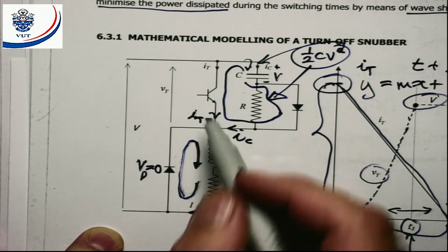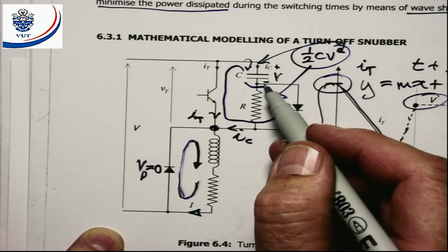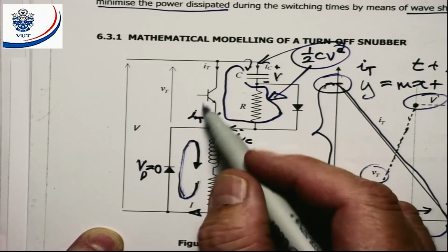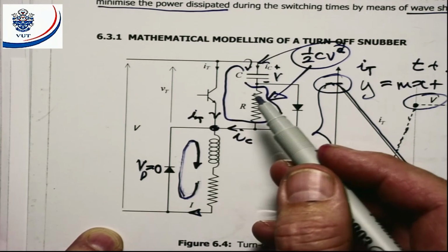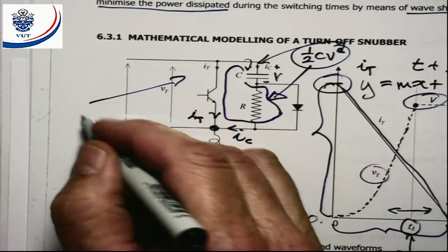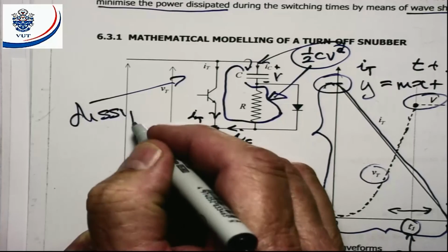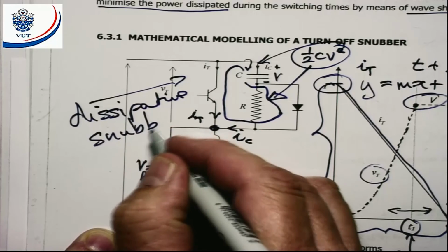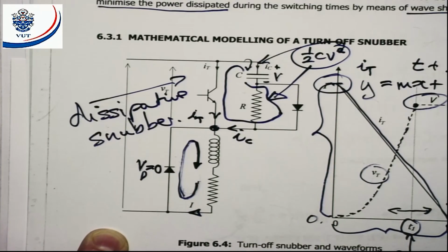So the energy that we put into the capacitor to minimize the energy that is dissipated in the device is already lost. So this snubber is called a dissipative snubber. The energy that we store in it to reduce the transients and to do the wave shaping is lost.